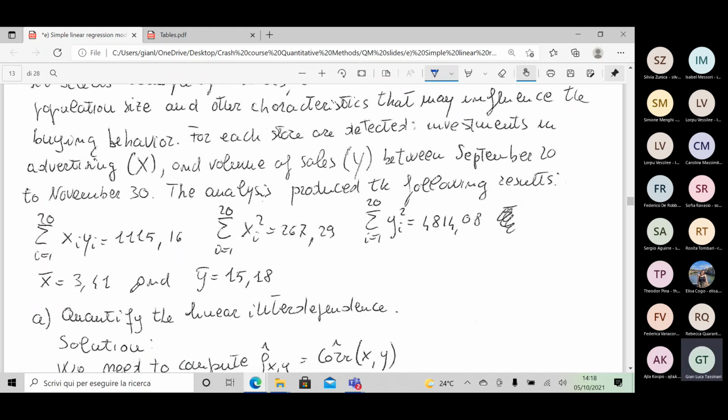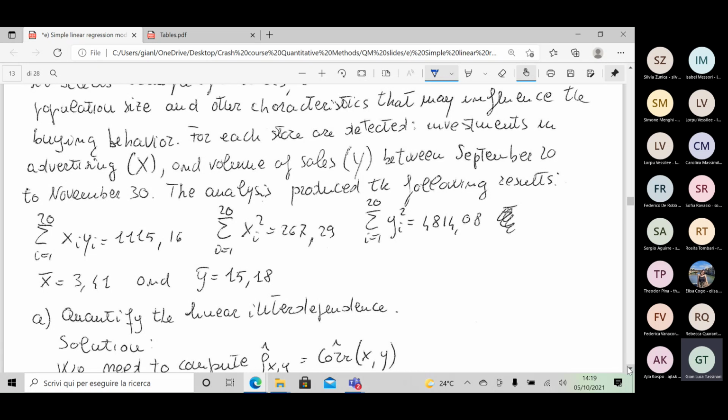Then here a small x bar has been computed, which is the estimated average investment in advertising, and small y bar is the average volume of sales for the sample made up of these 20 stores.